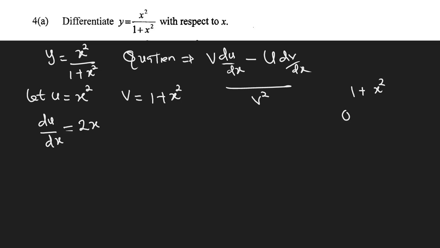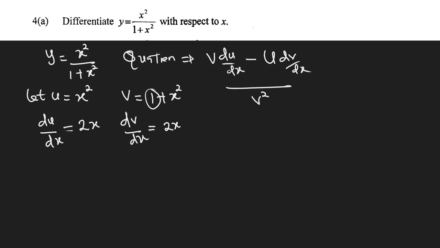So that means this is 0 plus, and if you differentiate x raised to 2, which is the same thing as this, you carry this 2 multiplied by the x, 2x to the power of 2 minus 1, which is the same thing as 1. So 0 plus 2x, same thing as 2x, right? So in that case, if you differentiate this 1 plus x squared, you are differentiating v with respect to x, and it is going to be what?